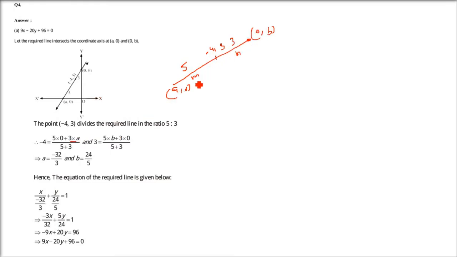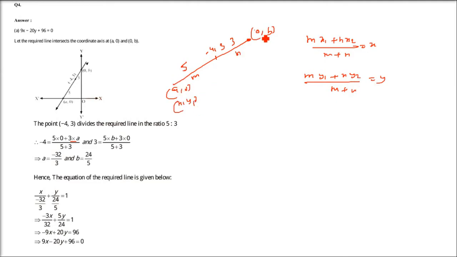Let me write the formula first, just to recall: (mx1 + nx2)/(m + n) is going to be x, and (my1 + ny2)/(m + n) is going to be y.